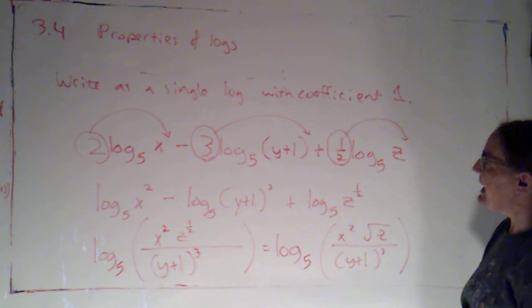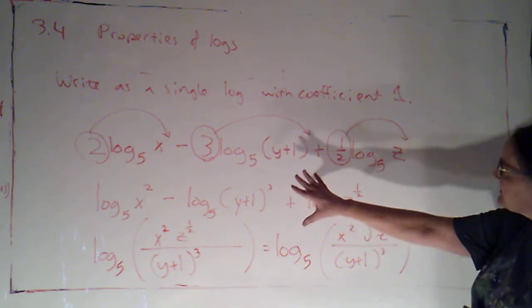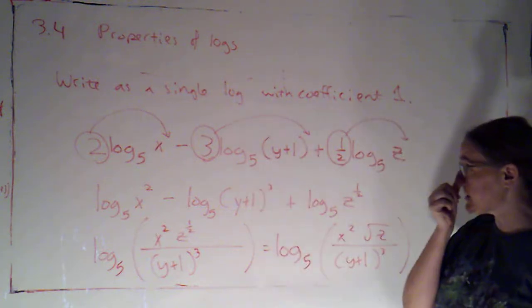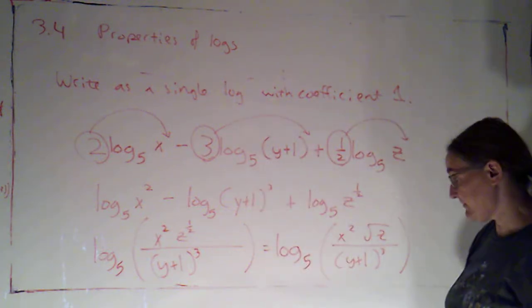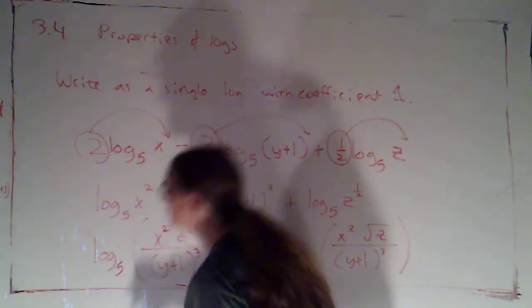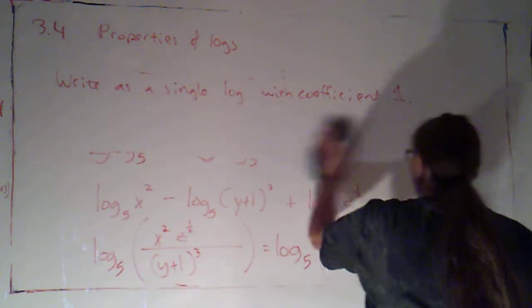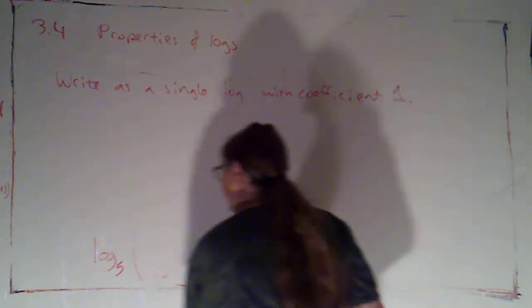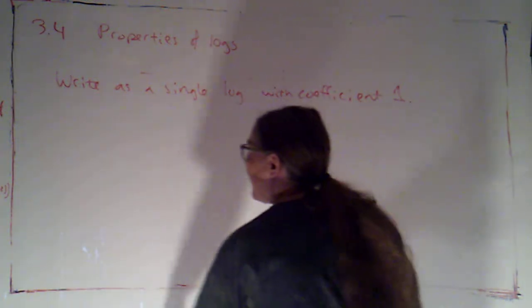Okay, excellent. So basically that power rule allows me to deal with coefficients that I might have in front of things. So let's let you try one of these. Again, I'm going to have you practice on one from the homework so that you're getting a jump start on that.